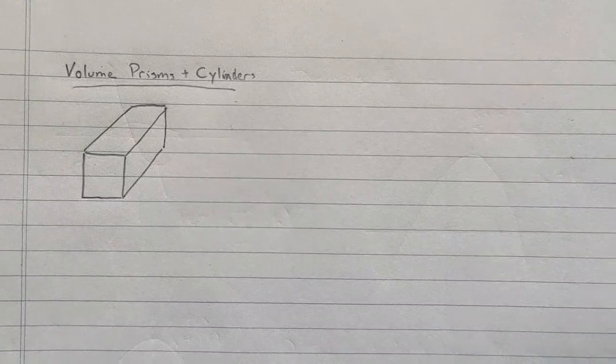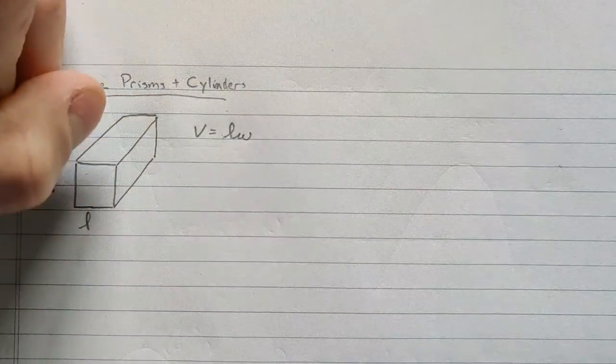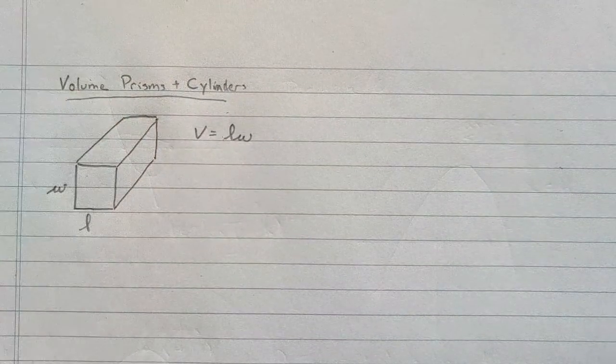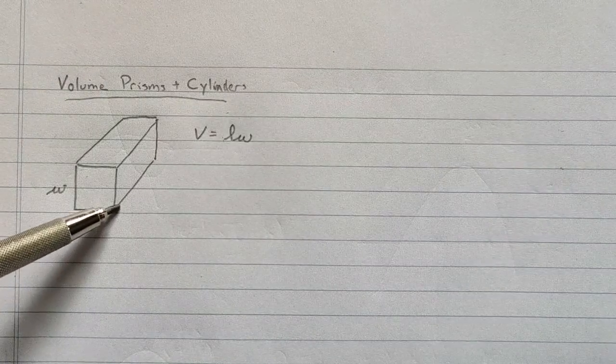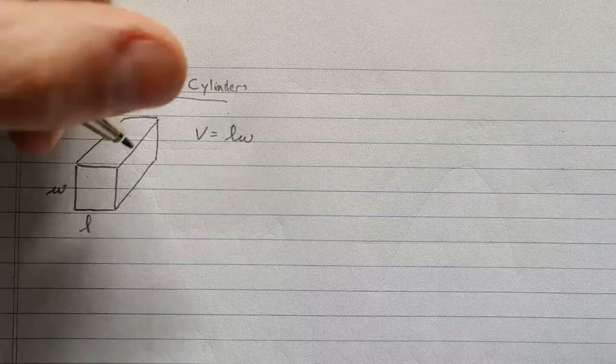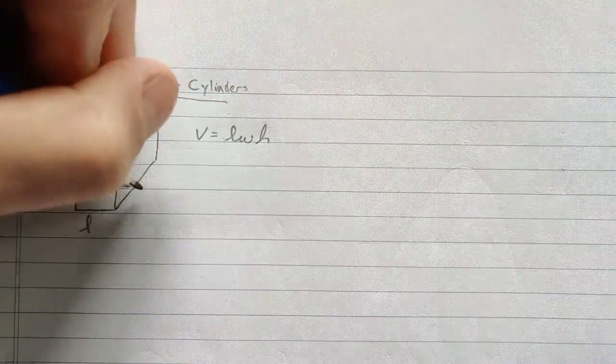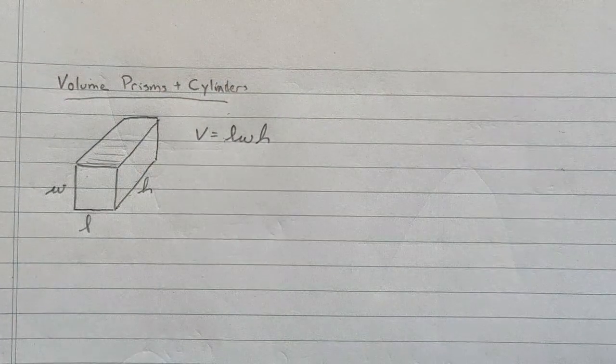So we have the area of the base, the length times the width of our rectangle, and then the distance we travel when stacking up all these little pieces. The height is what we usually call that with a rectangular base prism.